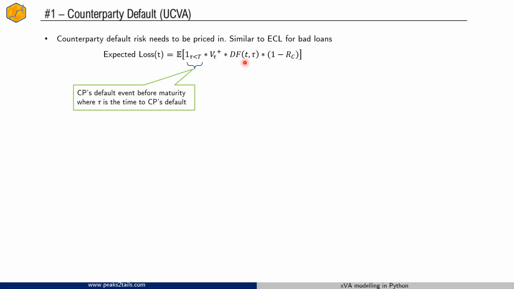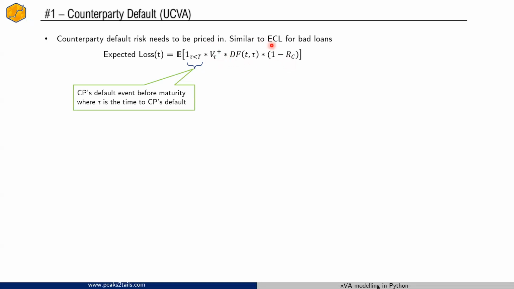Simple. Discount that to today. This is my valuation date. This is where I'm standing right now. I am trying to capture expected loss. Use a discounting factor to discount from tau to T. That's the discounting factor. But you don't lose everything. You can recover some. So this part is the LGD. It's the same PD times EAD times LGD.